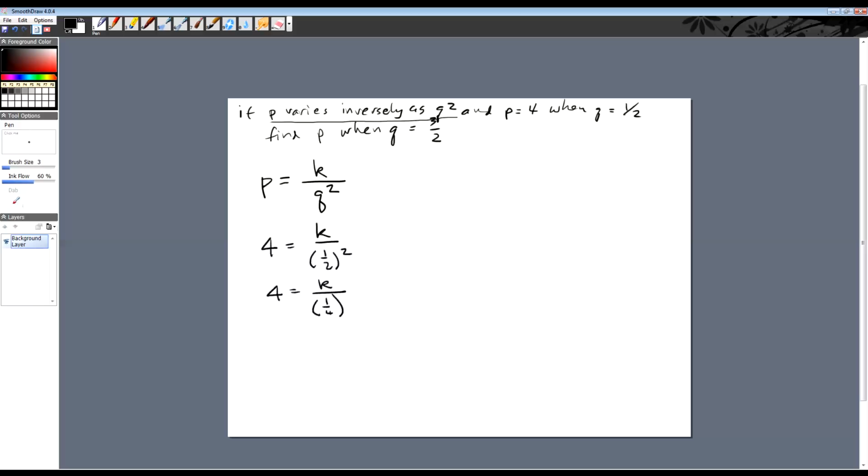If you divide by a fraction, remember this is the same thing as multiplying by its inverse. So 4 equals 4K. Divide both sides by 4. K equals 1.